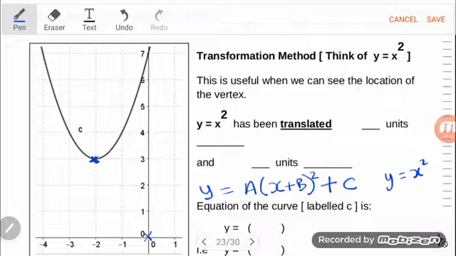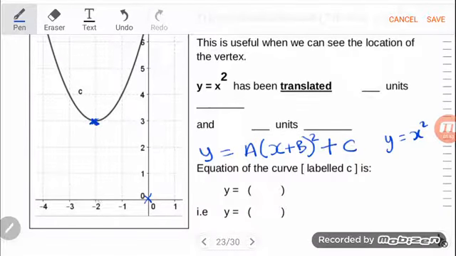Now remember, when it shifts horizontally, our b value here changes. Okay? Now because our x value of the current vertex is at -2, we need to work out what this bracket would equal. We would have to work out what would be in the brackets if that bracket equaled 0.